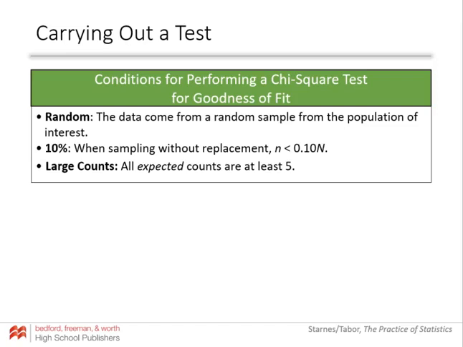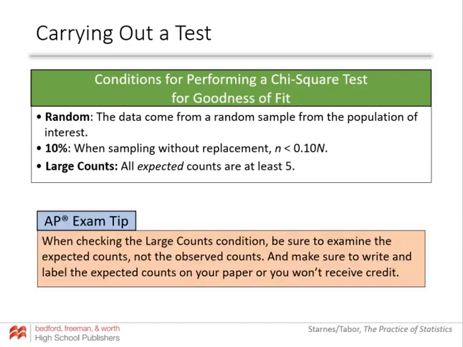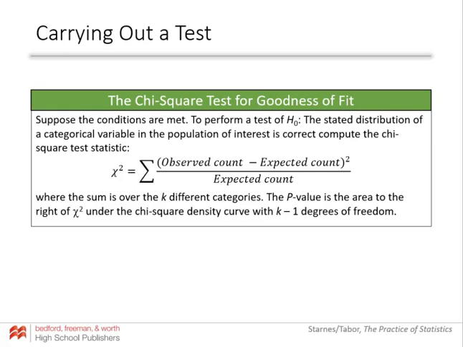When we do any chi-square test, we are going to write out all of the expected counts, and then write a statement saying that all of these are greater than 5. So you have to make sure that you write out all of the expected counts. You do that math and figure out what each number should be, and then also state that it meets the large counts condition, because all of them are more than 5.